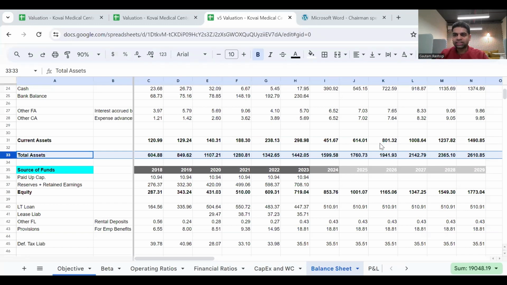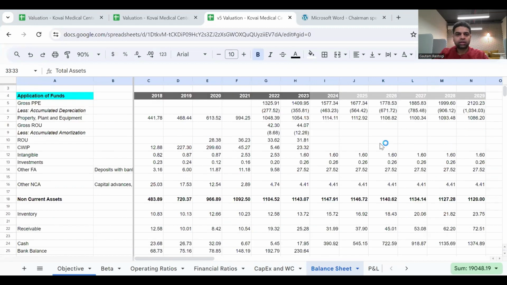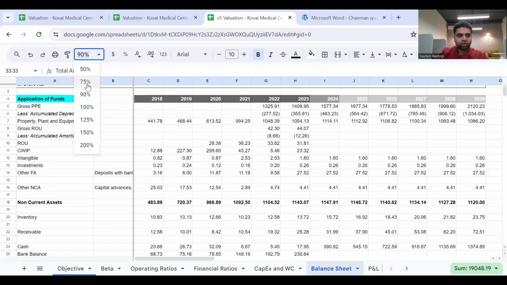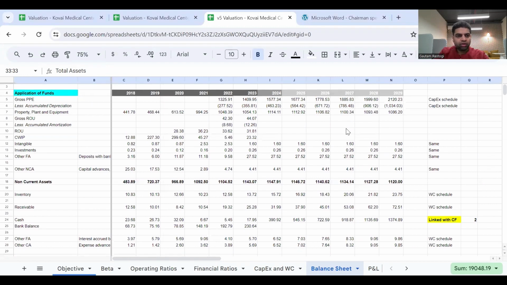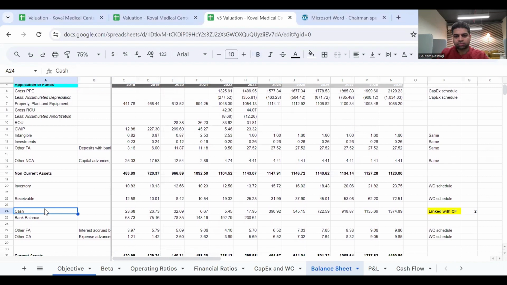All right. So now let's take a look at some of the observations from this modeling exercise. Let me reduce the size so it fits in one page. Now let's take a look at the cash on the books. The cash equivalents change from 250 CR to almost 1400, so it's about five and a half times.